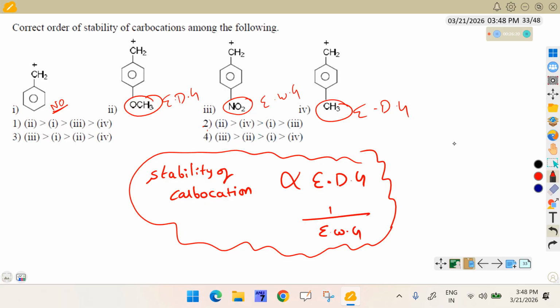Stability is directly proportional to electron donating groups. Here, 2 electron donating groups are present. OCH3 acts as a strong electron donating group. So 2 first, 2 after 4, 4 after 1, finally 3, because in 3, an electron withdrawing group is present.